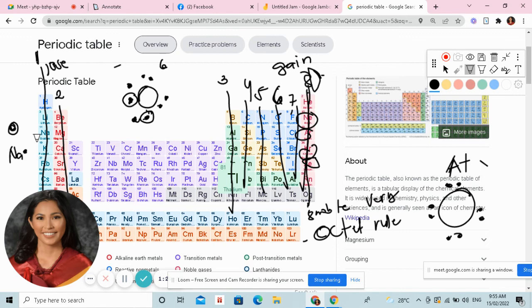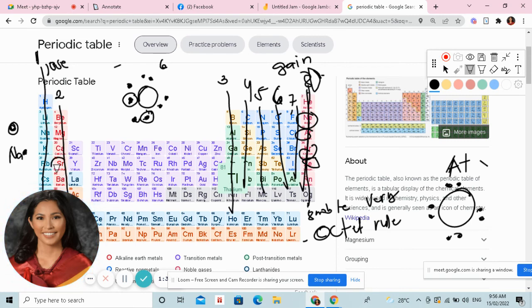But 7 is too many that it doesn't have. So it will say, I will just lose my one electron to achieve octet, because it reacts with other atoms. I cannot gain 7, that's too many. So I will just lose this one to achieve octet. That's why the metals lose electrons.